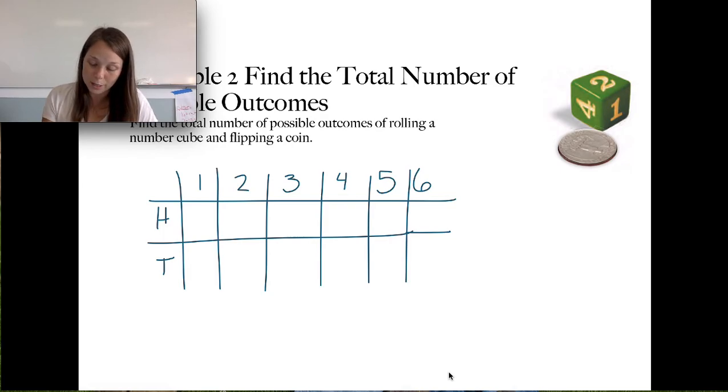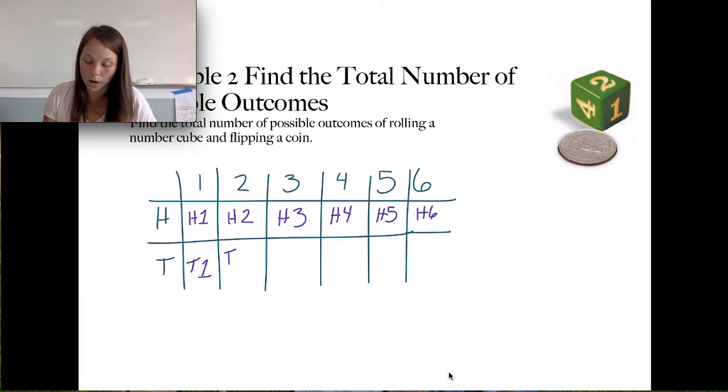So filling in our table with all these matchups, I could get a heads and the number 1 or tails and the number 1 on the number cube. I could get a heads on the coin and a 2 on the number cube, a heads and a 3, heads and 4, heads and 5, heads and 6, or I could get each of those numbers but with tails.